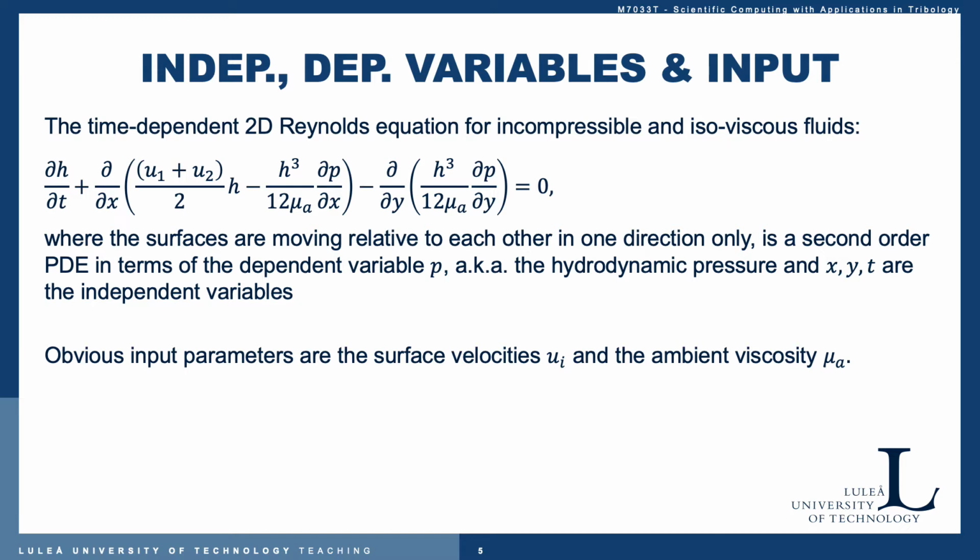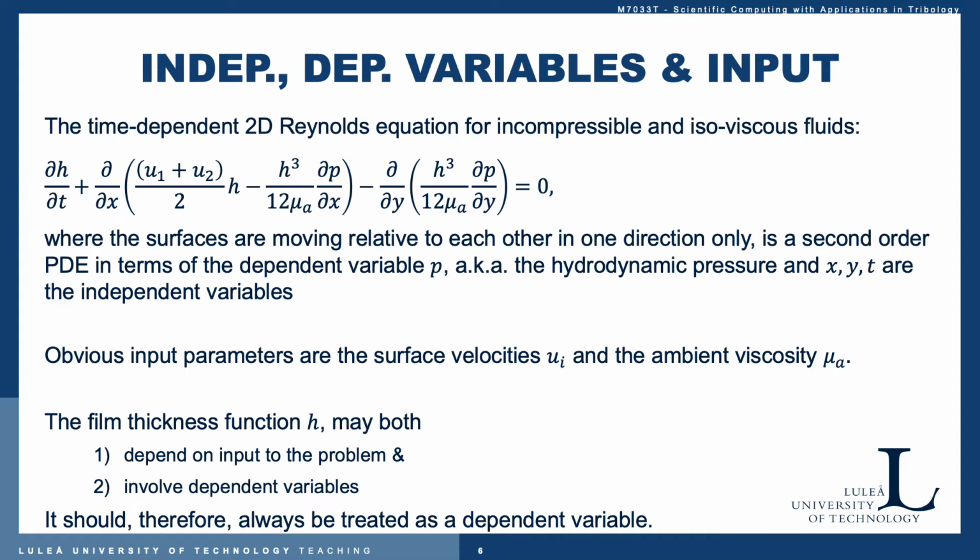Now it's also clear that the input parameters must be the surface velocities U1 and U2 and the ambient viscosity. However, what is perhaps not as obvious is that the film thickness function may be, or actually should be, treated as a dependent variable.